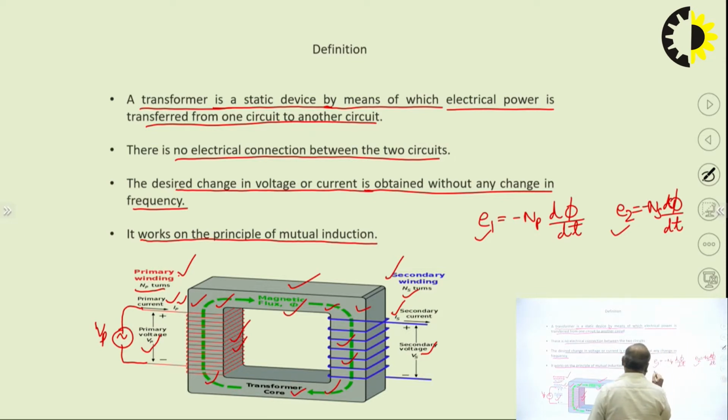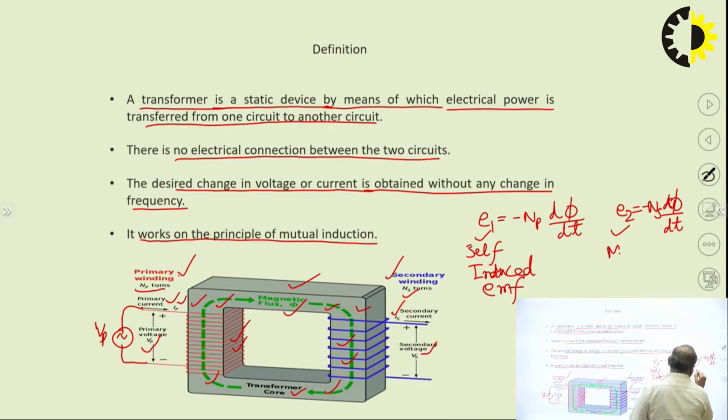So, E1 is self induced EMF, while E2 is mutually induced EMF. That way, on both the primary and secondary coils, induced EMFs are there.